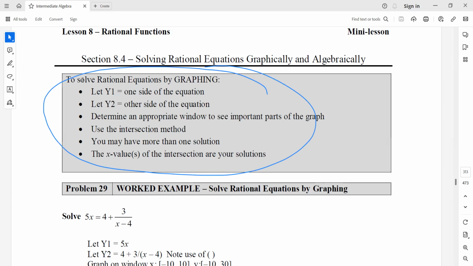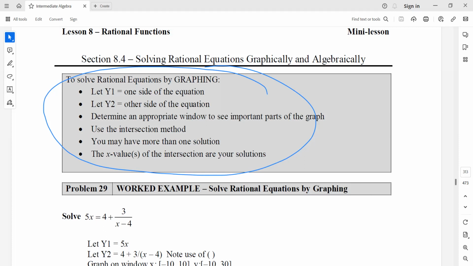You have your y1 and then y2, and then you set your appropriate window, and then also you use the intersection method that is on the calculator, and then you may have one or more solutions, one or two solutions, and you find your x values.